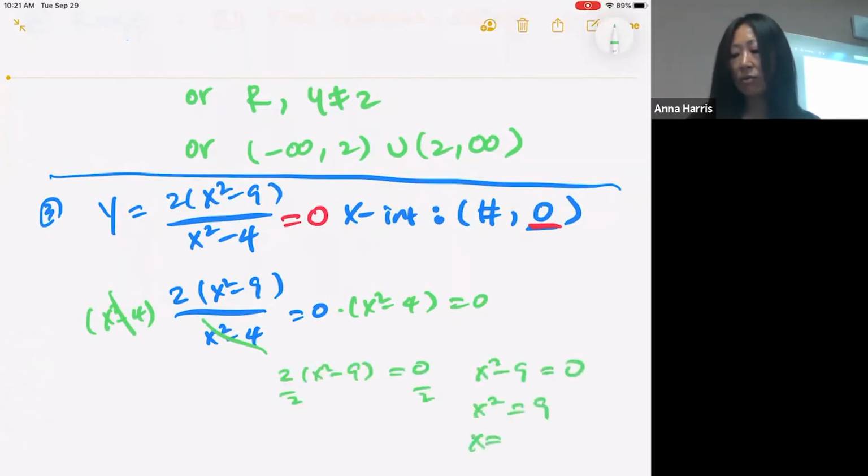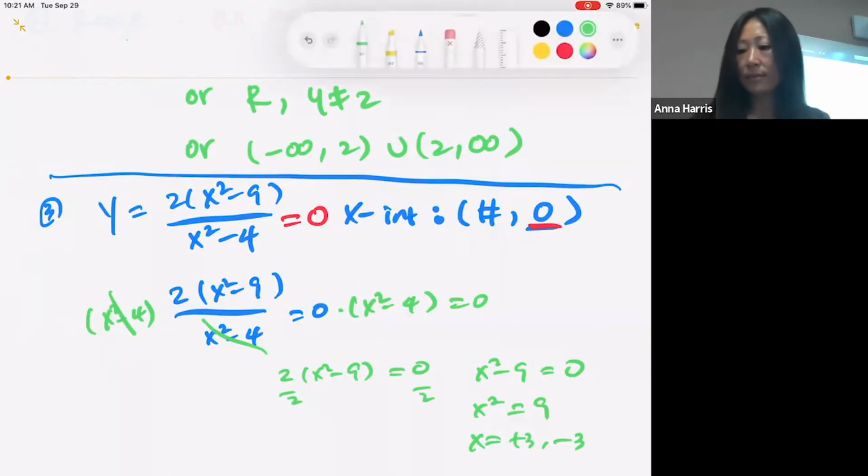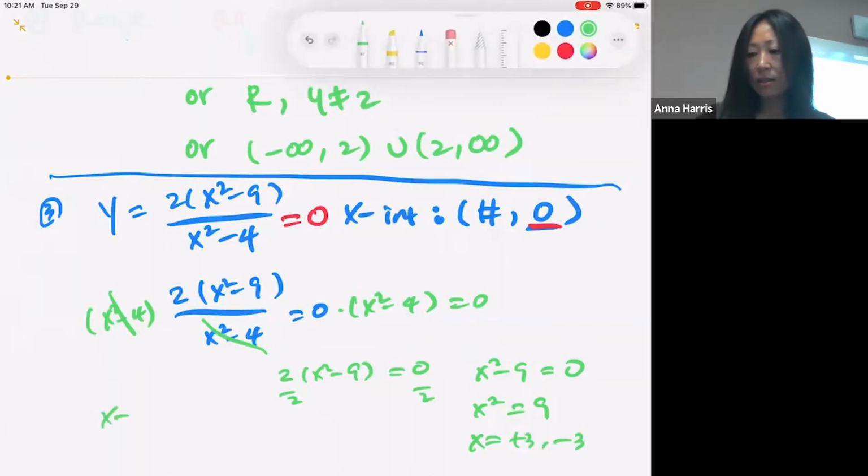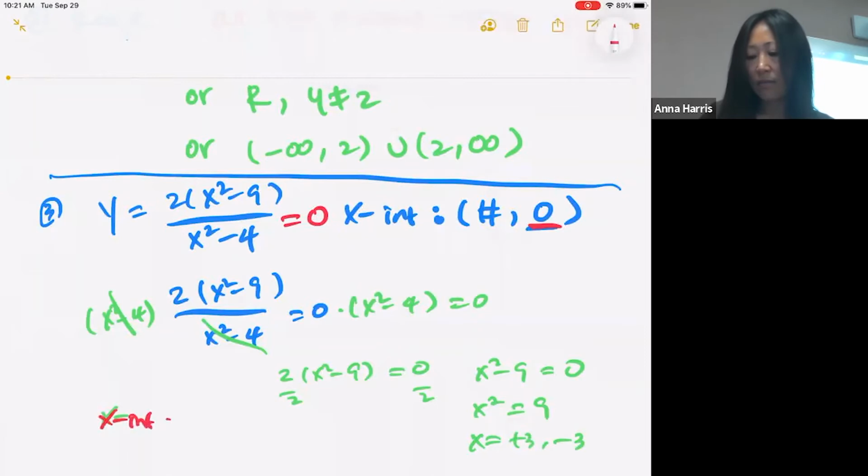That means x equal to what? Positive 3 or negative 3. So I have 2 x-intercepts. So your solution, x-intercepts, I have negative 3, 0, and what? 3, 0.